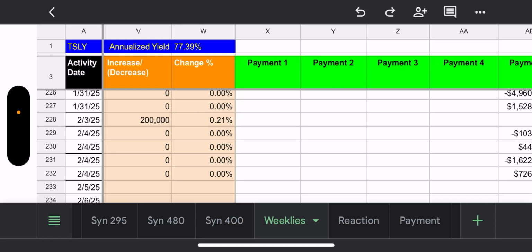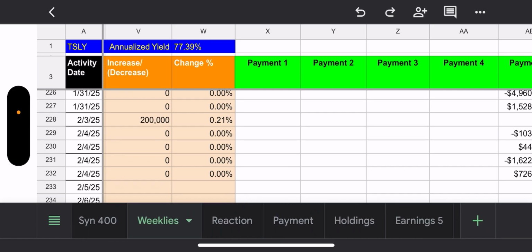That's a beautiful number. An annualized yield of 77% on the weeklies. Again, just trading covered calls during this 4-week cycle, they are producing an annualized yield of 77% on your money. Again, that's good. So they're doing good.